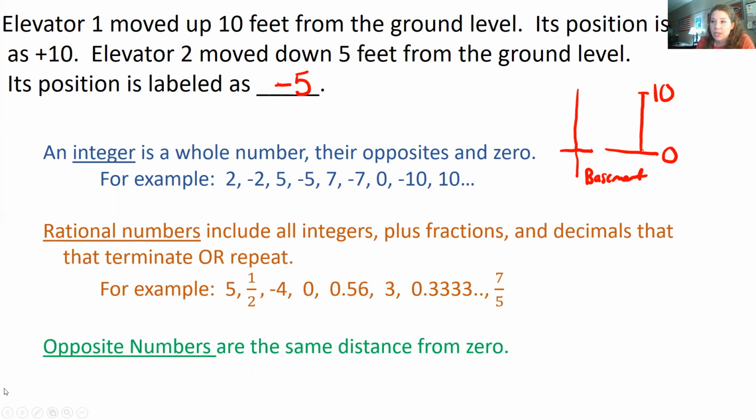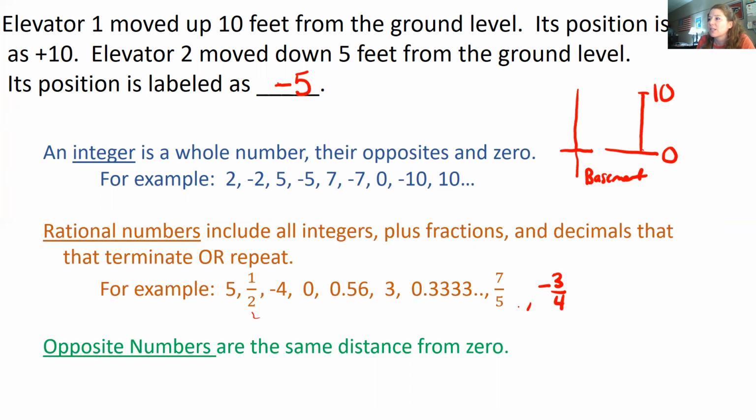Now, rational numbers include all integers, so all integers are rational numbers, but they also include fractions like 1/2, 7/5, even negative fractions, -4/3, or 3/4.